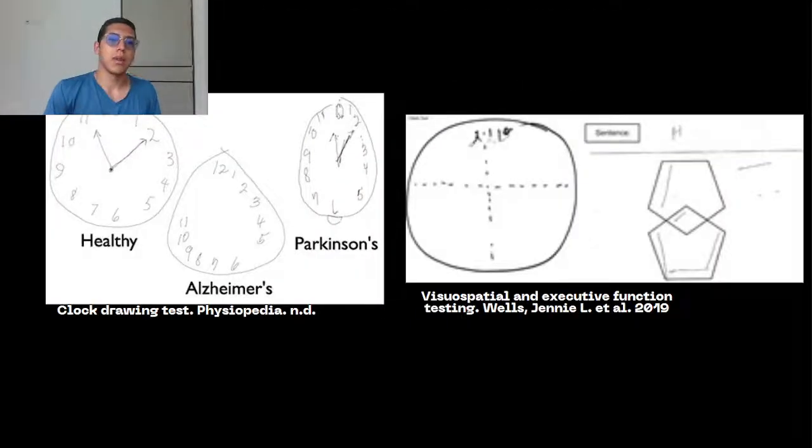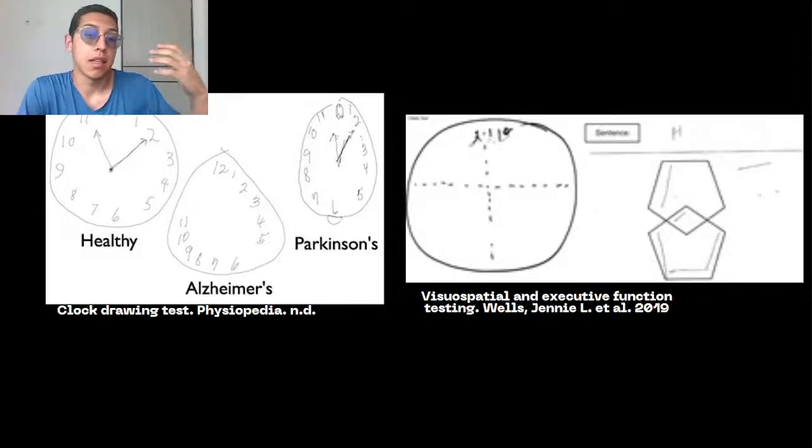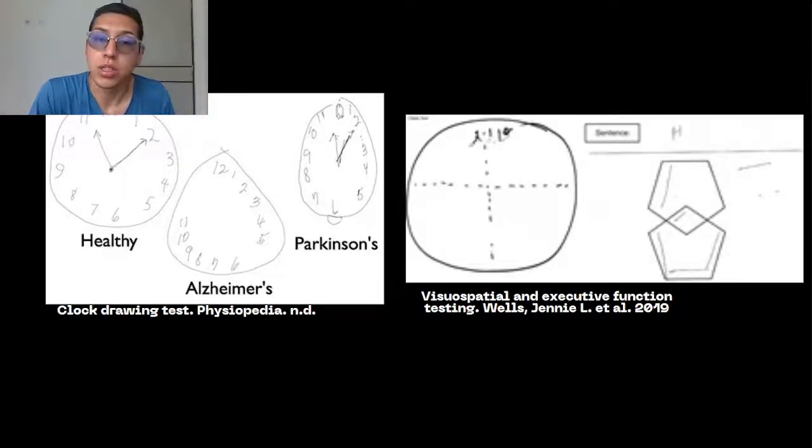Okay, and here we can see two common evaluations to diagnose Alzheimer's. On the left, we can see the clock drawing test. That is important because in the case of Alzheimer's, the person forgets to draw the middle parts, the parts that indicate the hour.